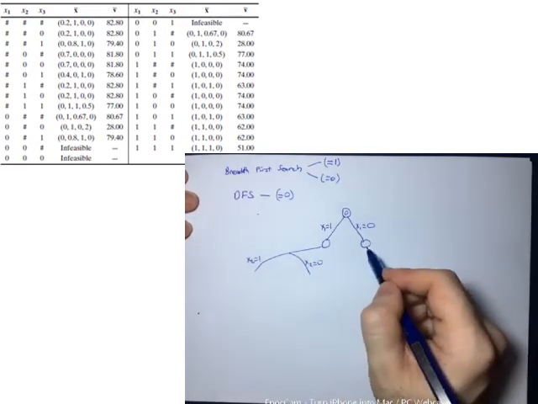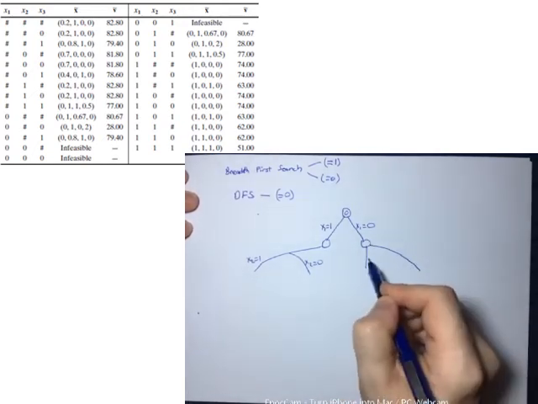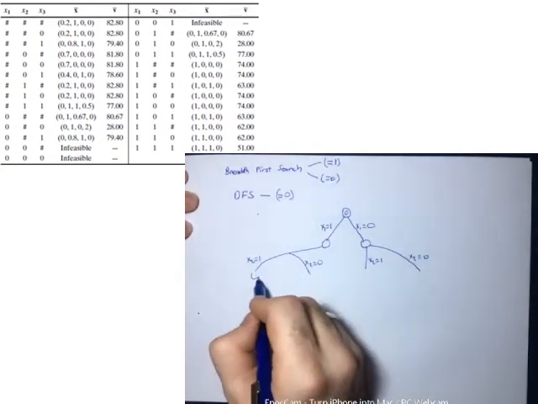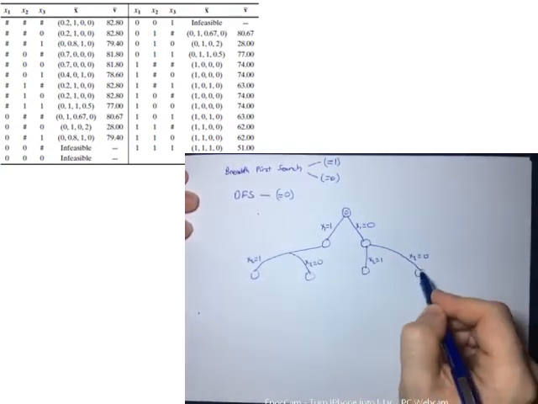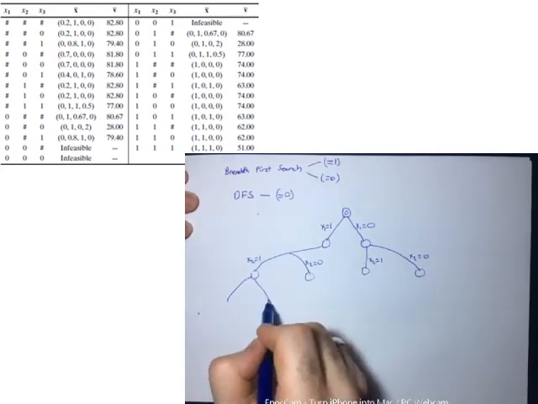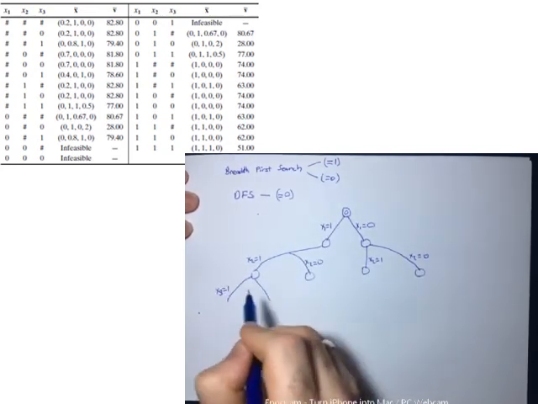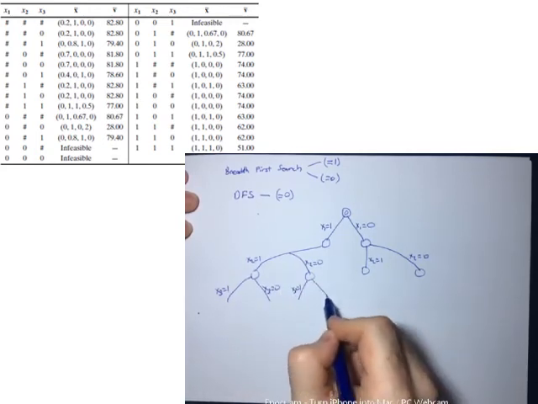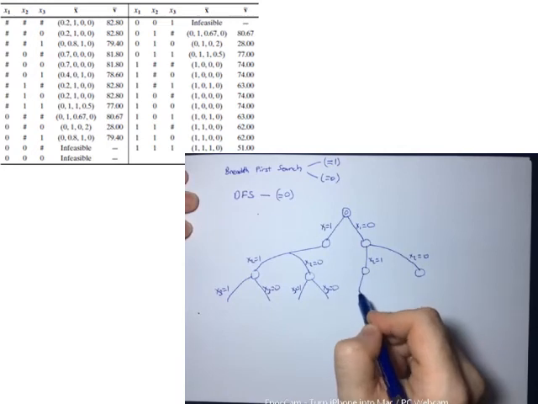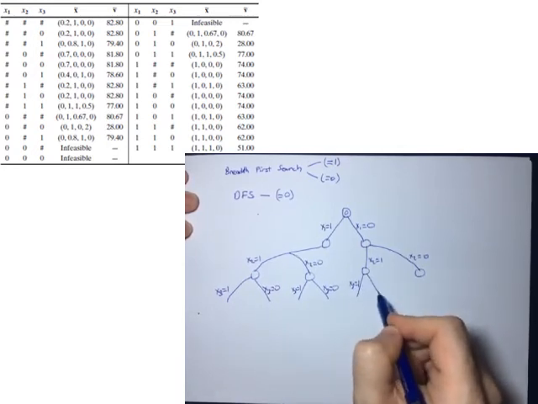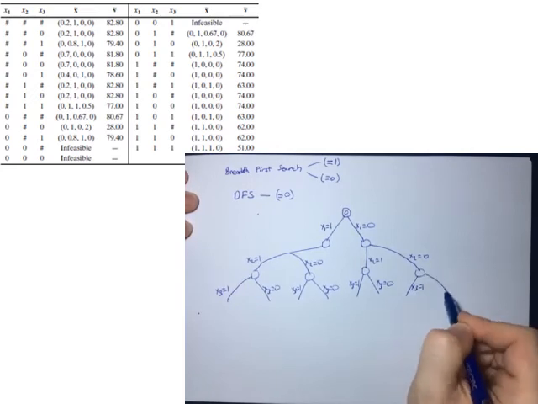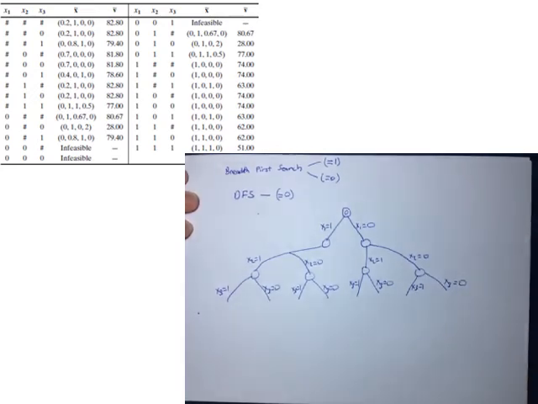And here, x2 equals 1 and x2 equals 0. Then in the next level, x3 equals 1, x3 equals 0, and so on for each node.